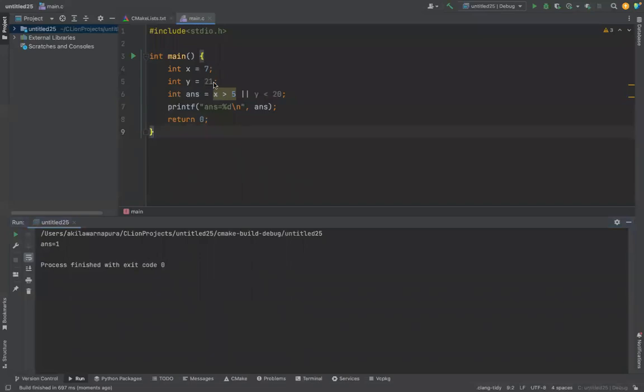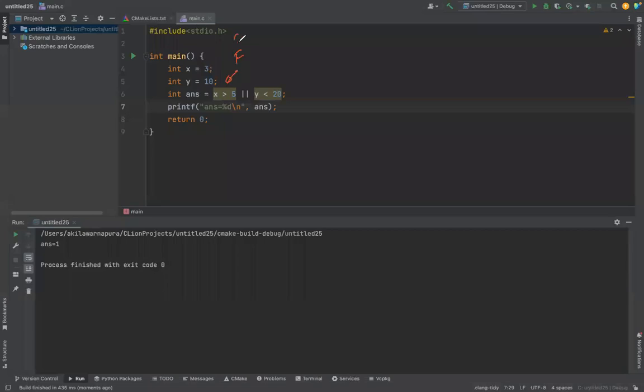Okay, let's take a different one. Let's say this is 10 and this is 3. So the answer is 1. First one is x greater than 5. X is 3, greater than 5? No. The condition is false. Here you can see the condition is false.